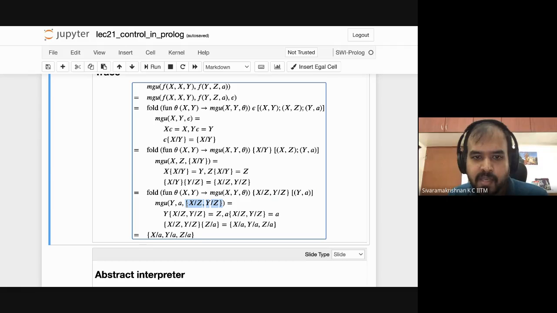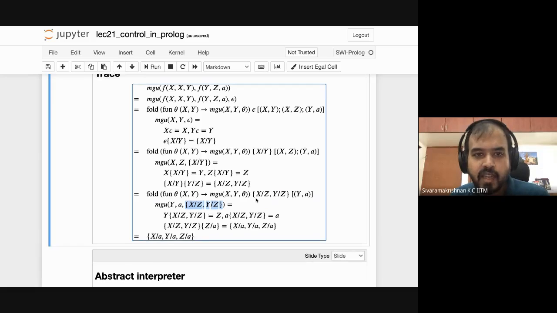First, you apply this substitution on the two input terms. If you apply this substitution on y, we have a substitution which says y should be z. So this term becomes z. And if you apply a substitution to an atom, nothing changes. A remains a. So you have z and a.